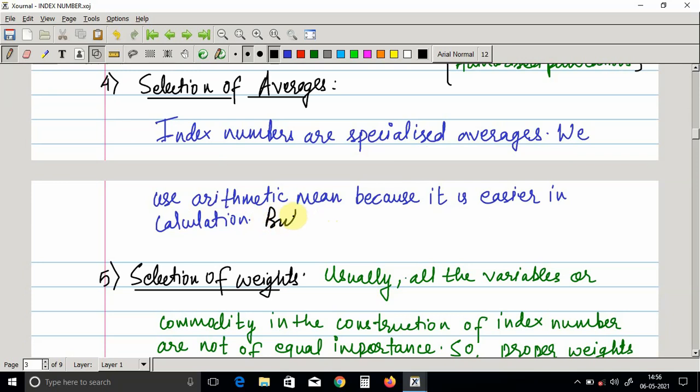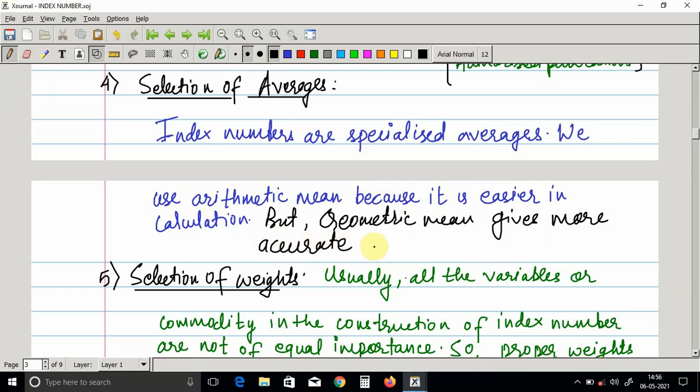But I would like to mention over here that instead of arithmetic mean, geometric mean gives a more accurate answer for index numbers.